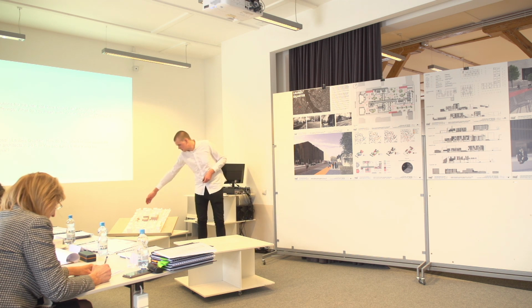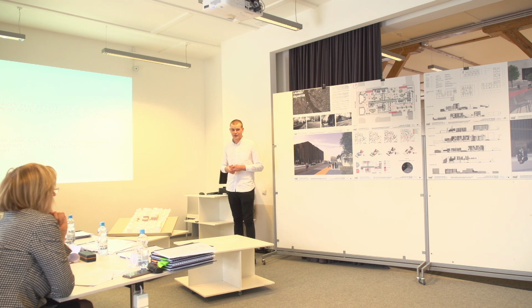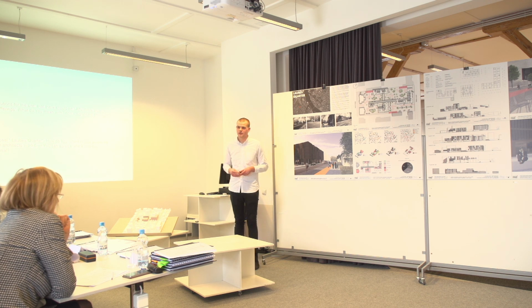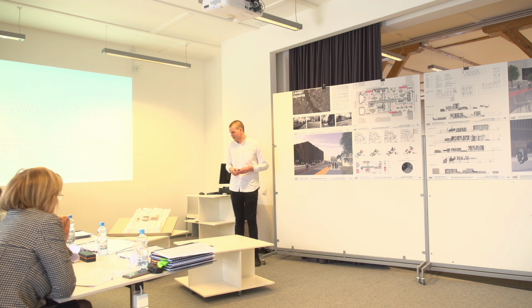Also, the buildings on Balasta Street are much lower, and I tried also to create them so they stand out in the context of other buildings on that part of the street. If I answered correctly.